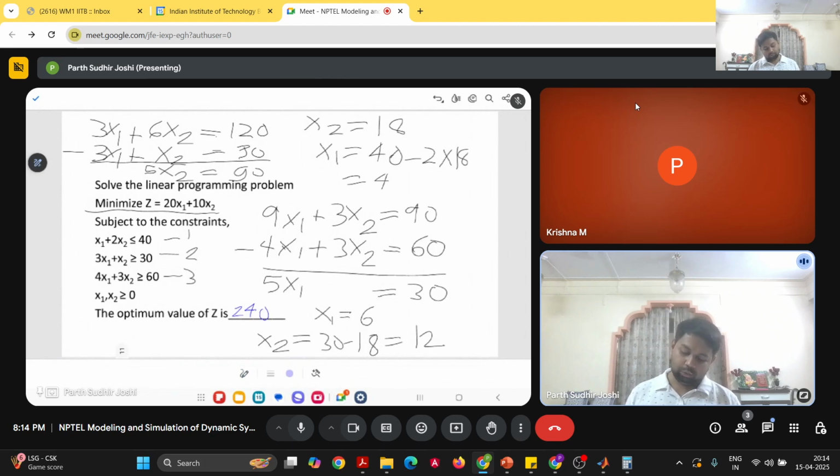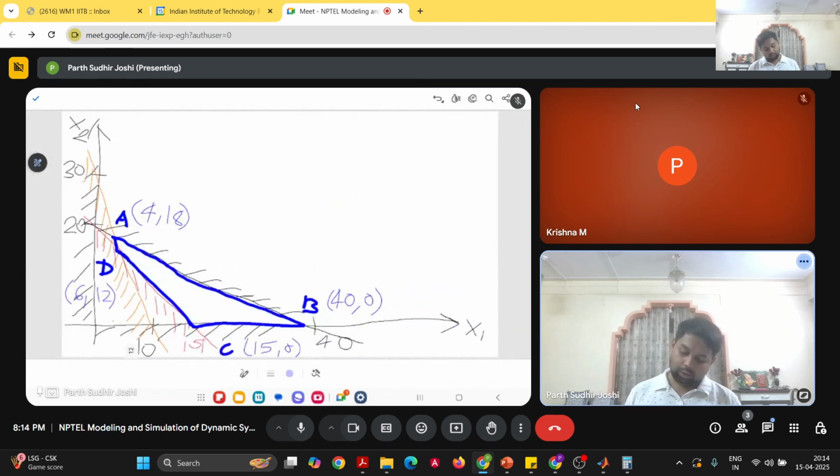So the optimum solution is basically x1 is equal to 6, x2 is equal to 12, or basically at point D, and Z here is equal to 240.